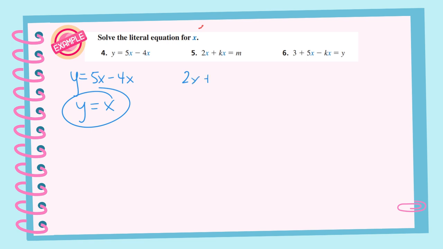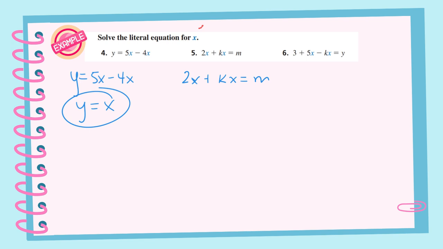Number 5, I have 2x plus kx equals m. And I'm solving for x, right? Can I combine that 2x plus kx? No, right? So what should I get rid of first here?